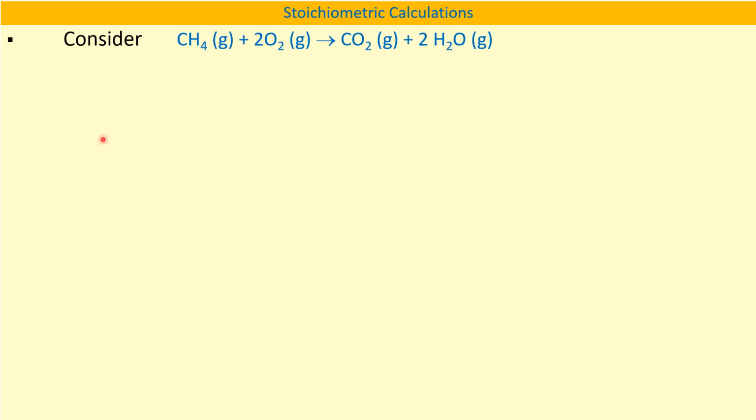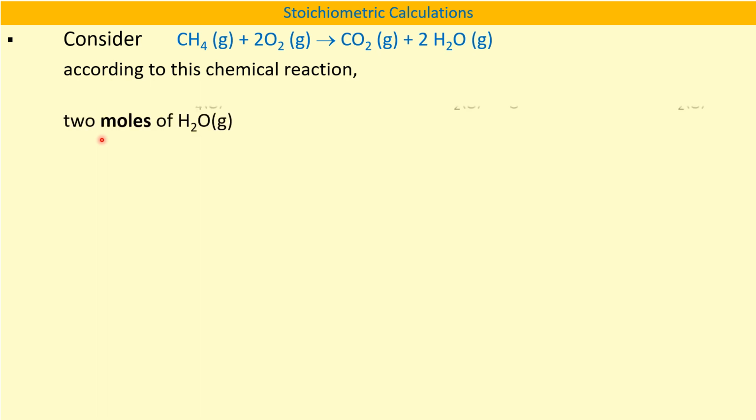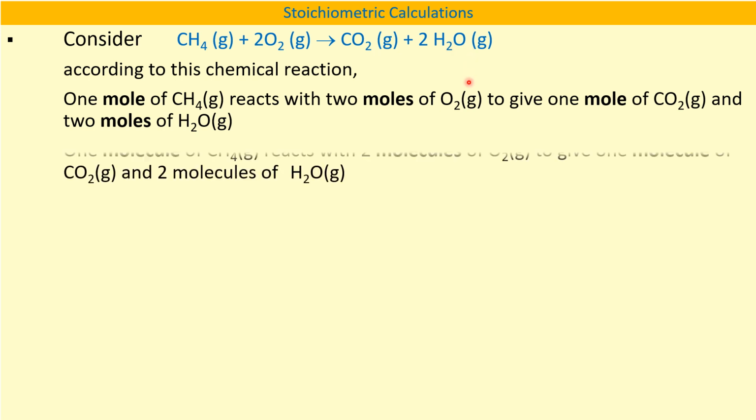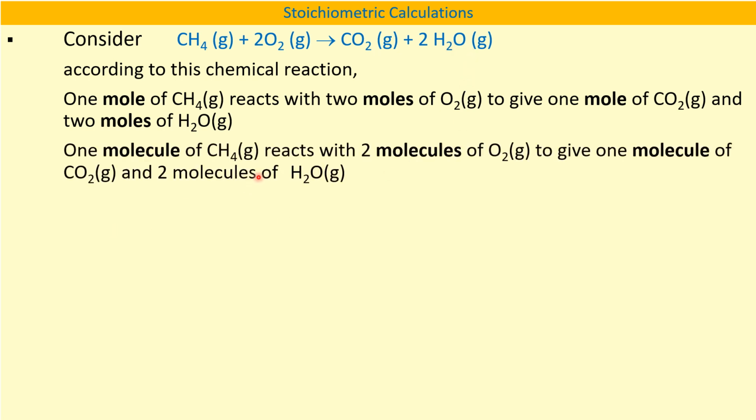So 1 mole of methane reacts with 2 moles of oxygen to give 1 mole of carbon dioxide and 2 moles of H2O. 1 molecule of methane reacts with 2 molecules of oxygen to give 1 molecule of carbon dioxide and 2 molecules of H2O.